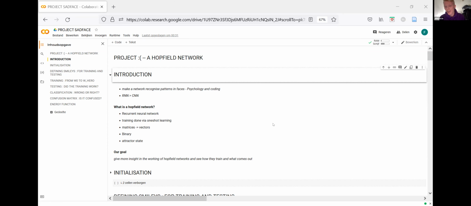This will get clear to you once we walk you through it. Our goal with this project is to give a better understanding of how the training of a Hopfield network goes, and to show you what will come out.